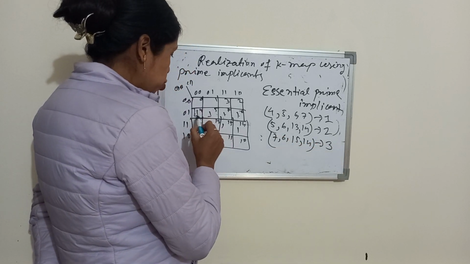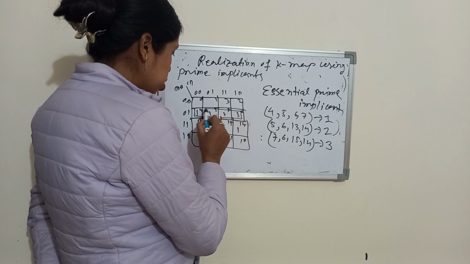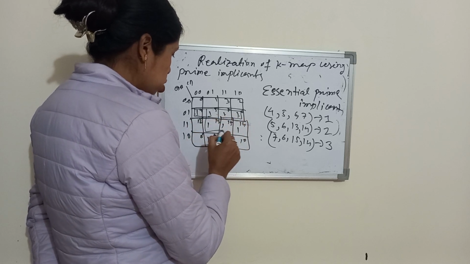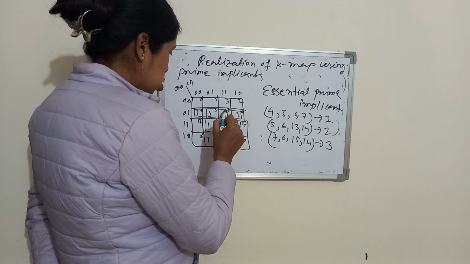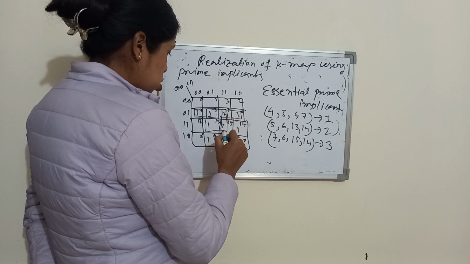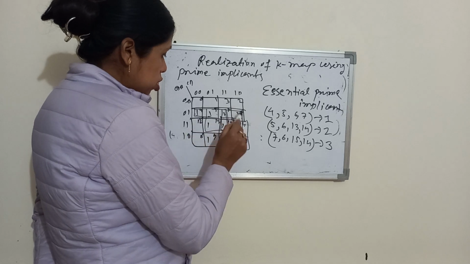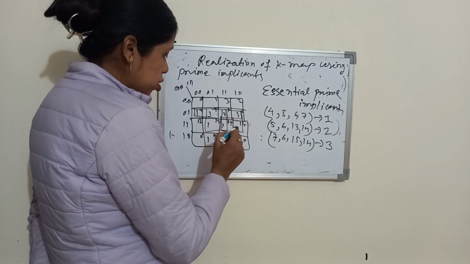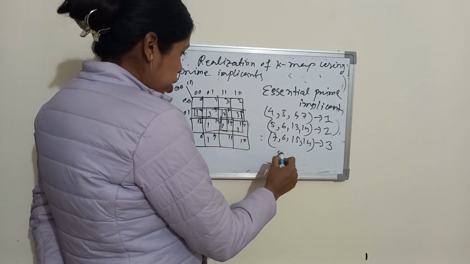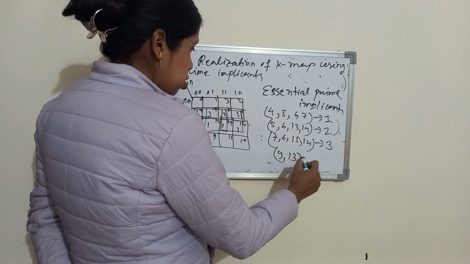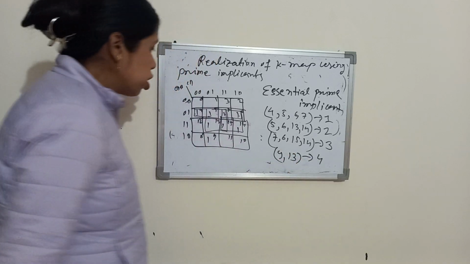So I'm not grouping this thing again. Okay, so this is one, this is one, and this is one. Now 9 and 13. Okay, so these are all my PIs.